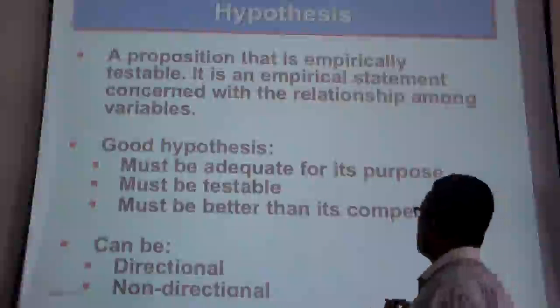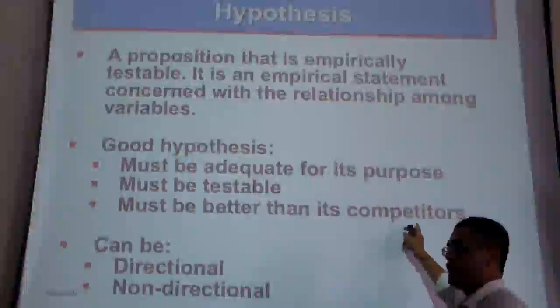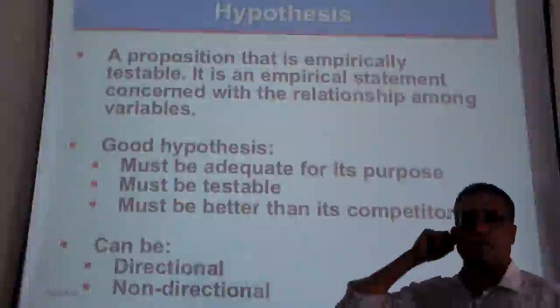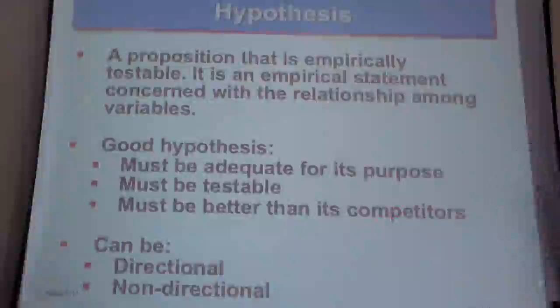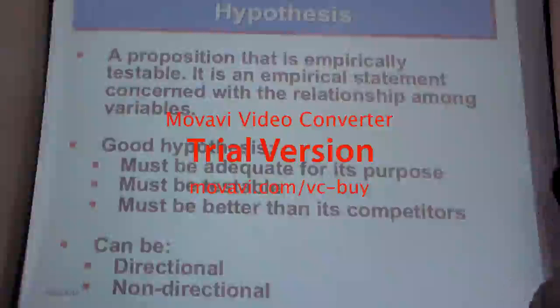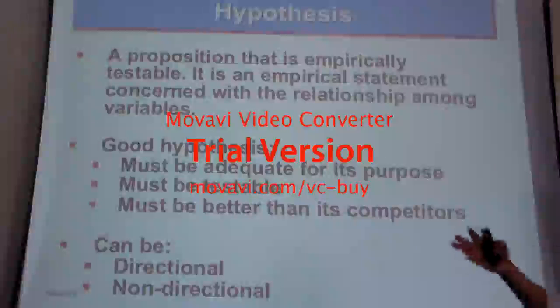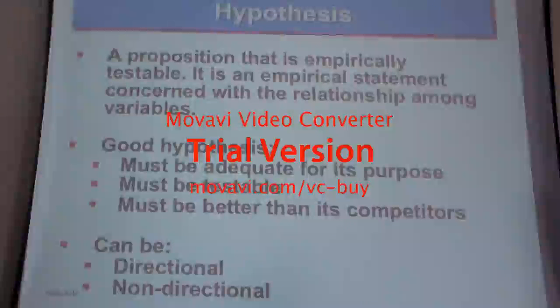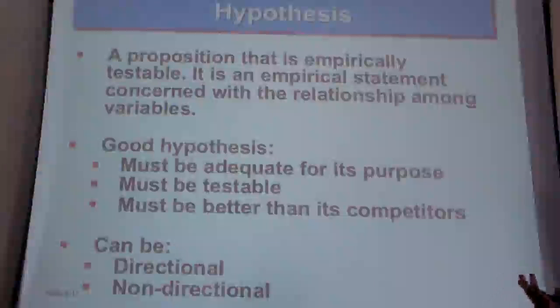Competitors sometimes also means rivals. We can have different hypotheses for the same problem. I mean, we can formulate more than one hypothesis, okay? But one hypothesis is better than another.